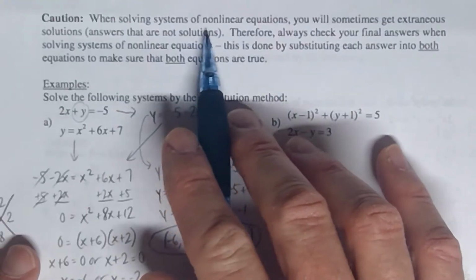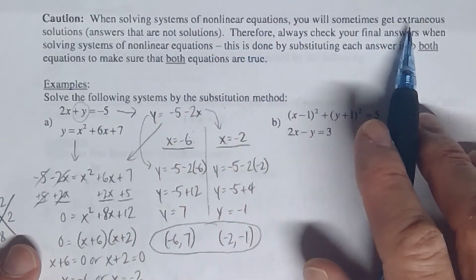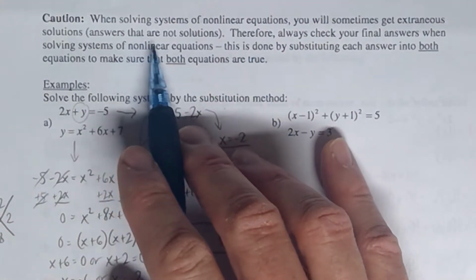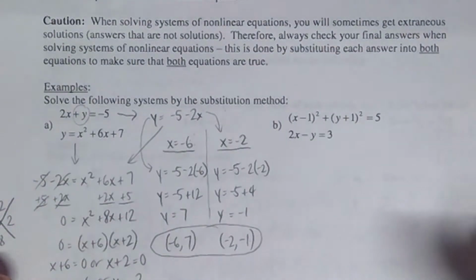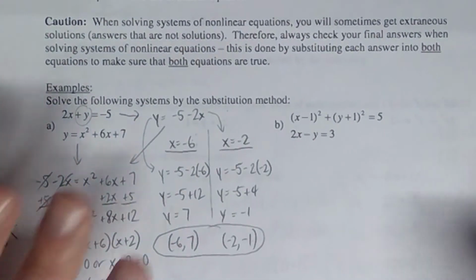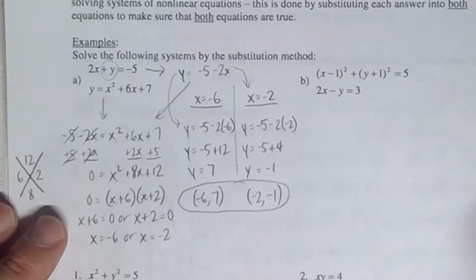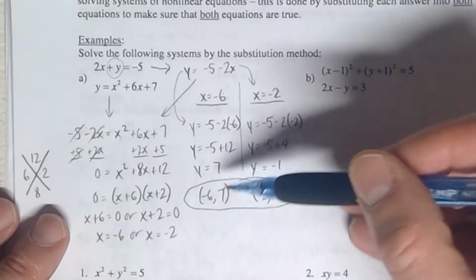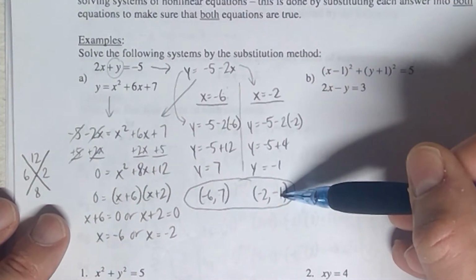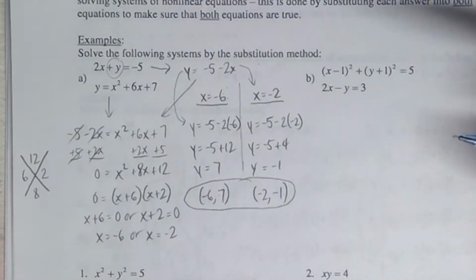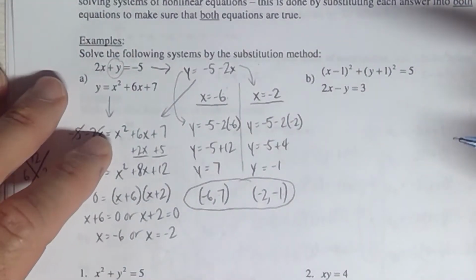All right, when you're solving a system of nonlinear equations, you will sometimes get extra solutions, answers that are not solutions. All right, you'll always get all the good answers if you use the methods I'm showing you here, but sometimes you get some bad ones added on to that. And so you need to check your answers. These two answers right here, how do we check to make sure that they truly are the real answers? Okay.